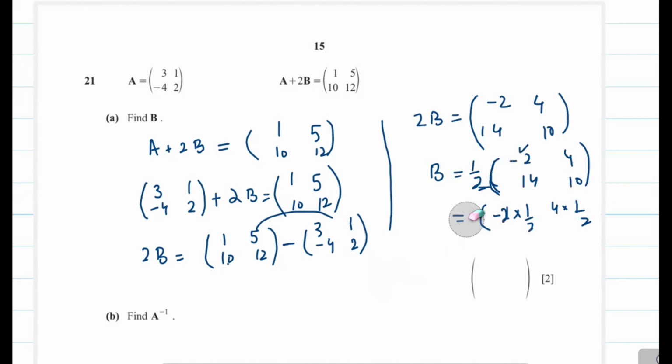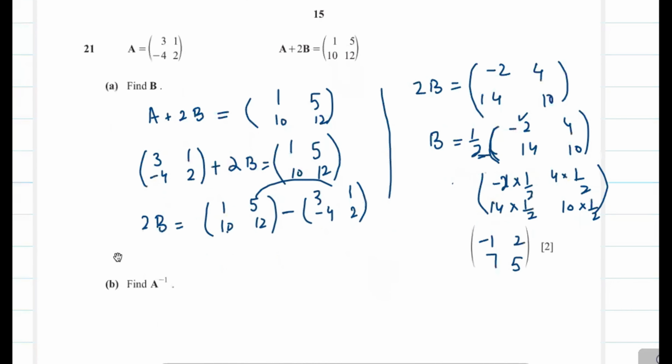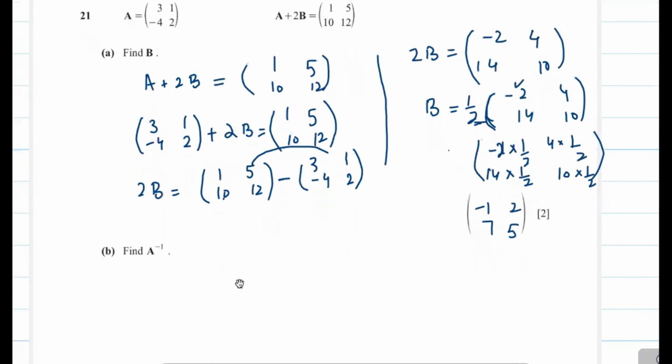And next is the 14 multiply 1 over 2. And same here is 10 multiply 1 over 2. Now the answer is minus 2 over 2 is minus 1. 4 over 2 is 2. 14 over 2 is 7. 10 over 2 is 5. This is the answer.